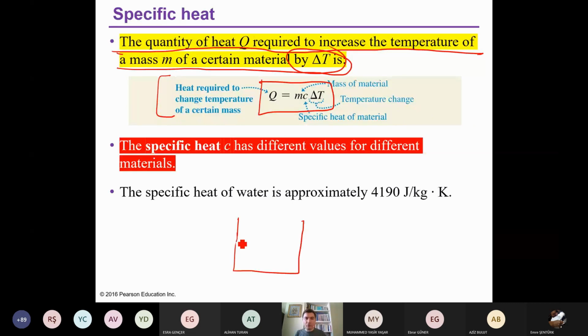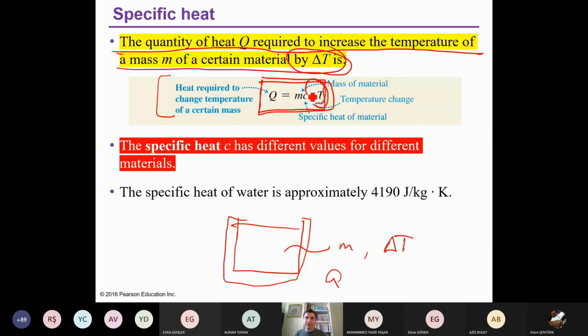Here I have a bottle of water and its mass is m, and I would like to increase its temperature by delta T. Then I need heat to increase this temperature, and this heat required to change the temperature is given by this equation. You already know from high school years, m times c times delta T. This is the change in the temperature.